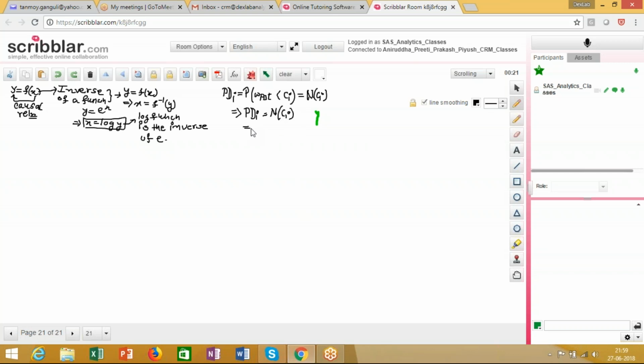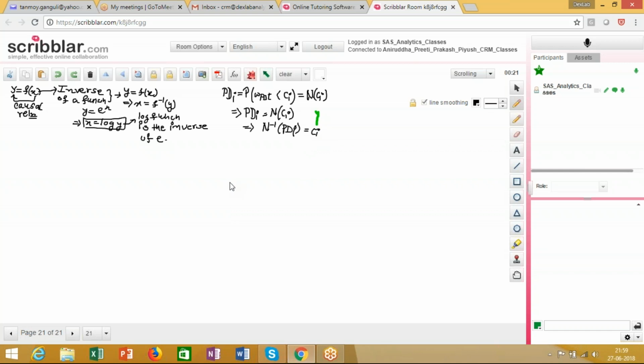So what I can also say is that N inverse PD of the ith borrower is equal to Ci.